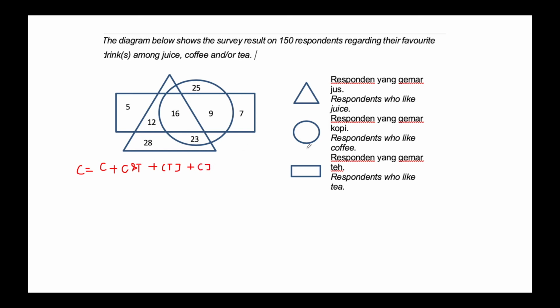All right, and then same goes for the tea. There is a category for only tea, and then respondents who love to have coffee and tea, and some of them also like tea, coffee and juice, and some of them also like tea and juice.